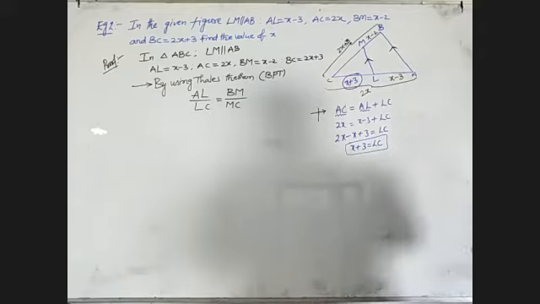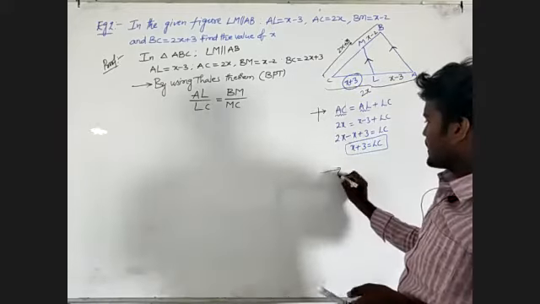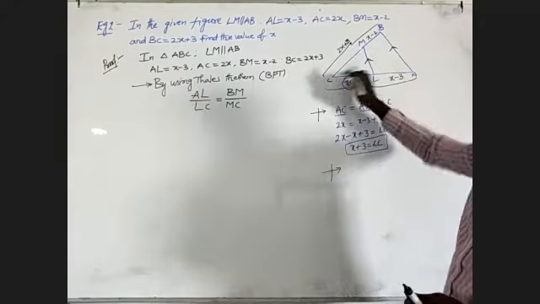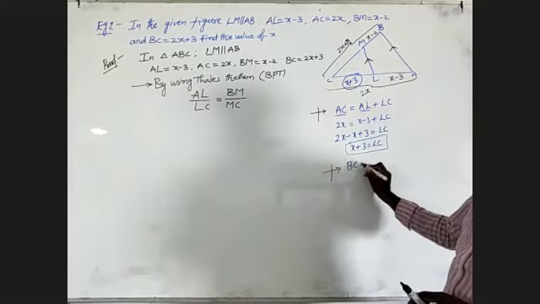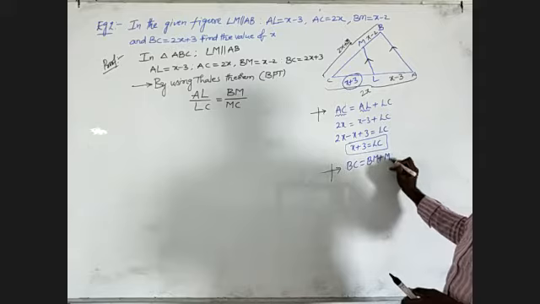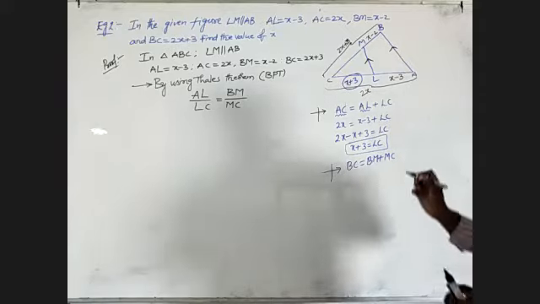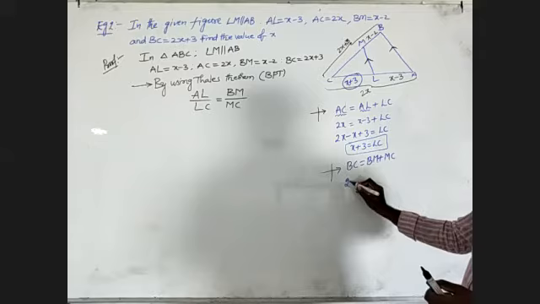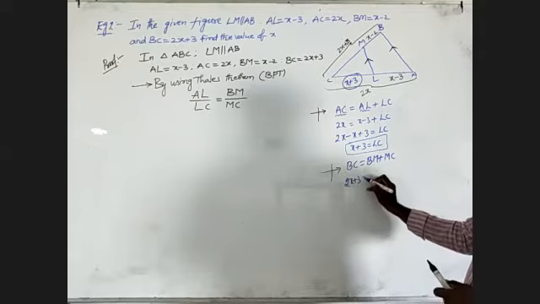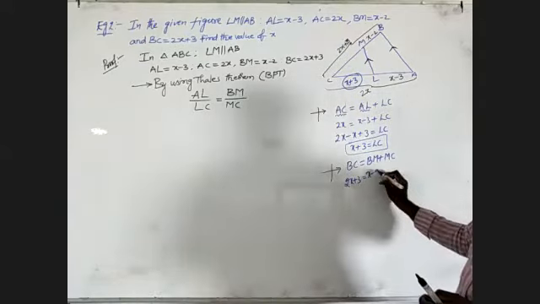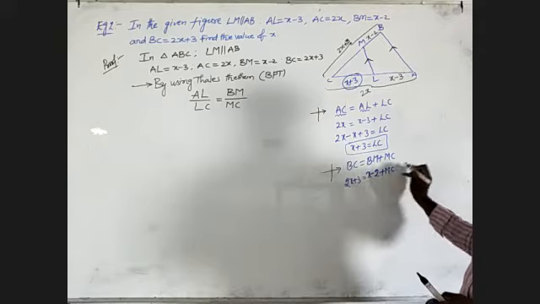After that, we have to find another value also. What do we have to find in this one? The total distance BC we have to write as BM plus MC. The total distance between B and C is 2x plus 3. That will be written as, where the distance BM must be x minus 2 plus MC.